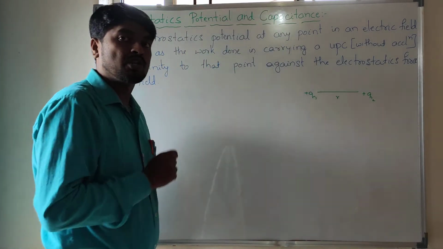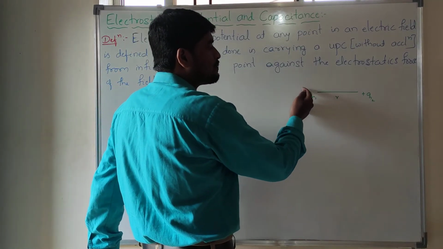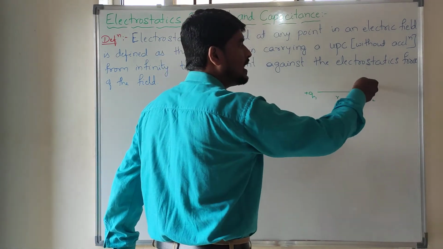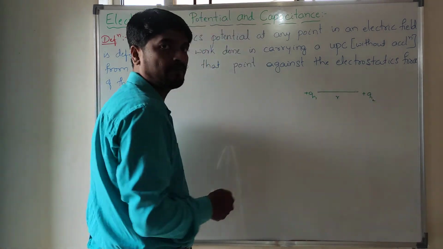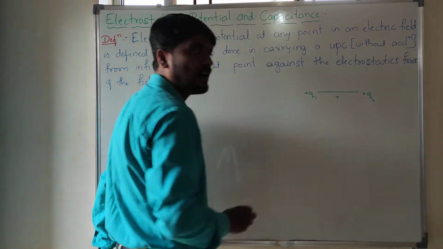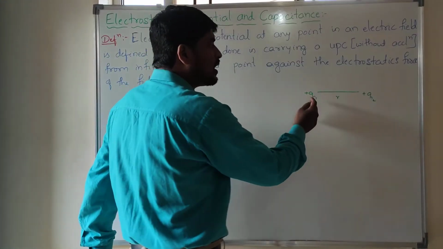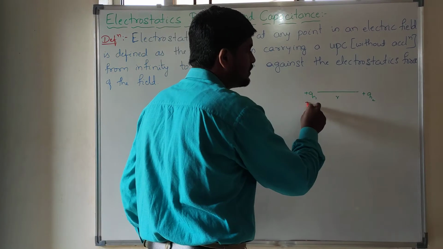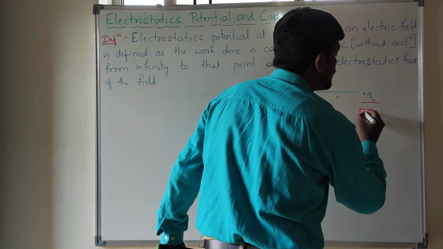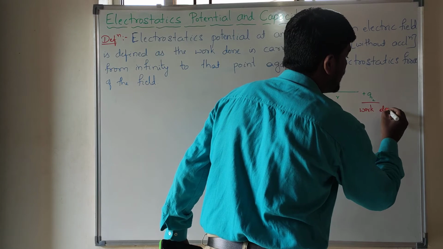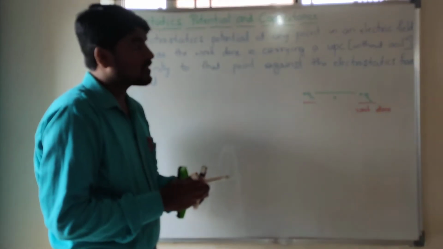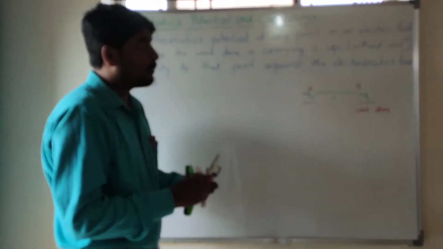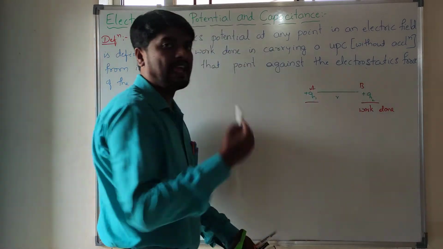But Q1 is producing an electric field which is radially outward, and that field repels the charge Q2 as it comes towards Q1 when we decrease R. So to overcome the electrostatic force produced by Q1, some work has to be done while carrying the charge Q2 from point B to point A.